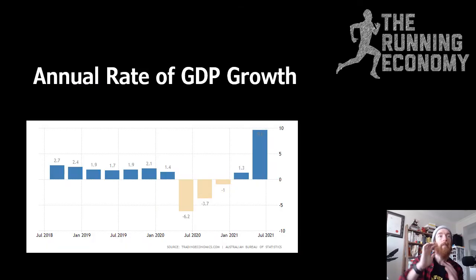So let's have a look at the annual rate of GDP growth. As you can see, over time, it has shot up recently. We only just got positive in the last quarter, but our annual GDP growth is the last 4 quarters of growth added together. And when we had our negative rates of growth last year, it's taken a while until we are 12 months past that.